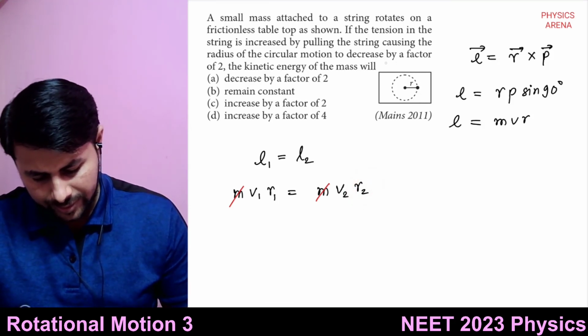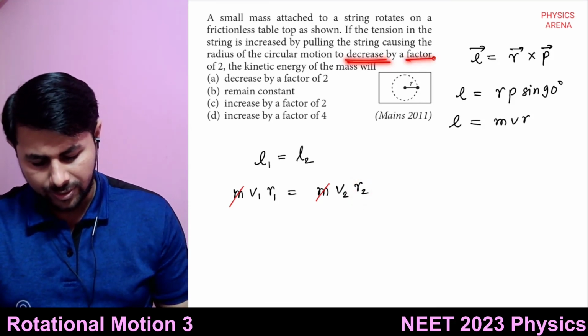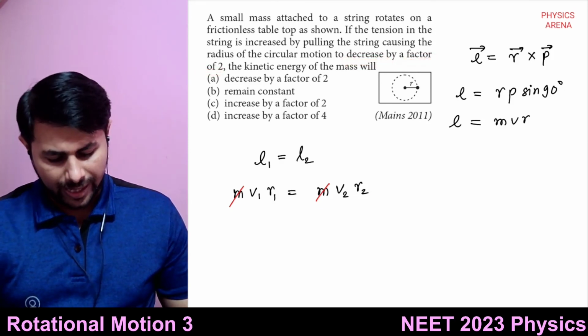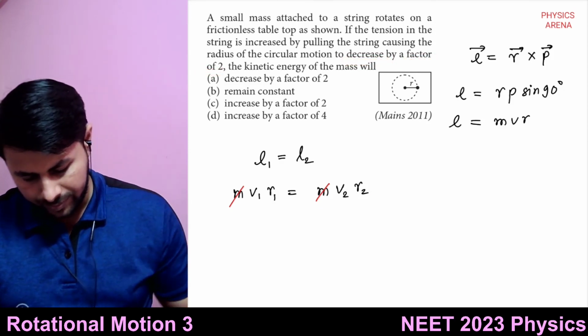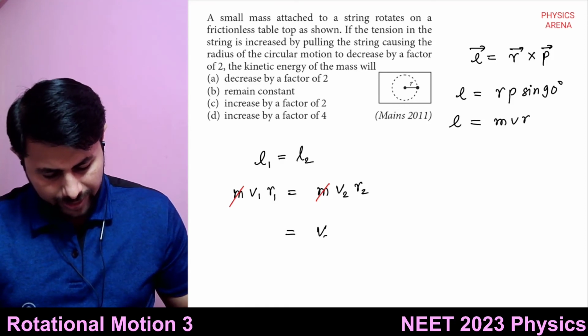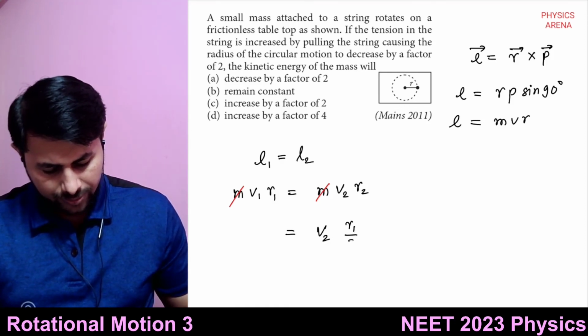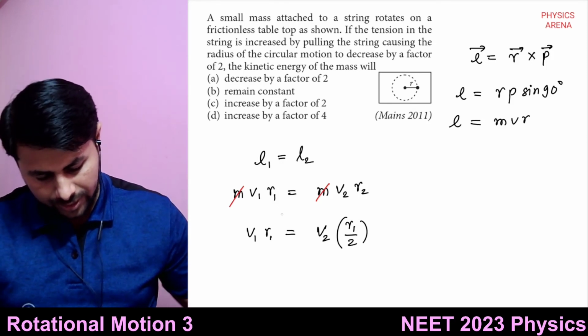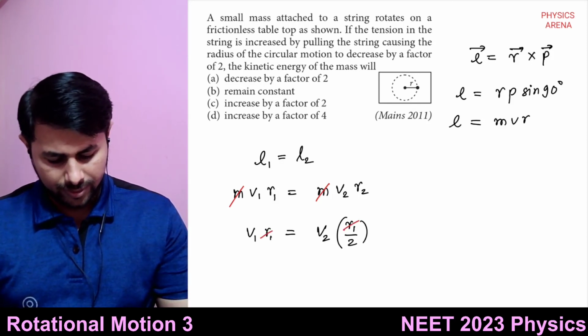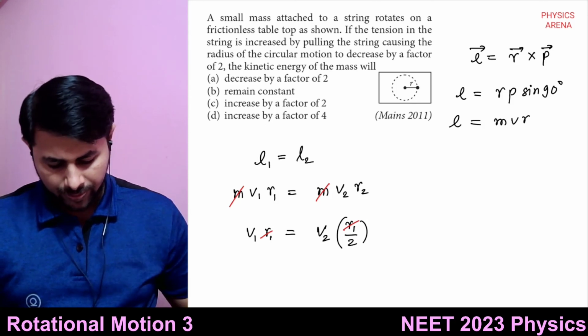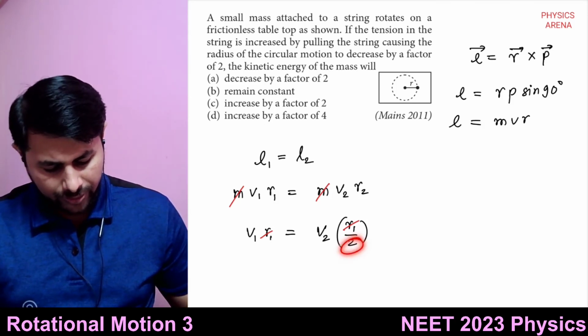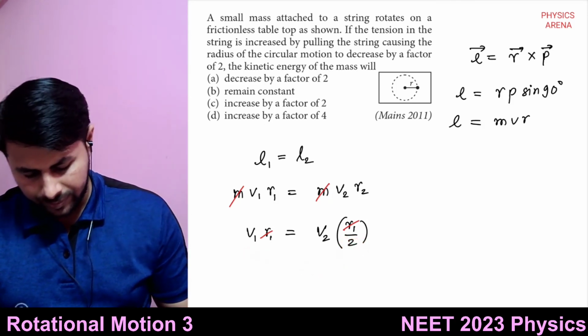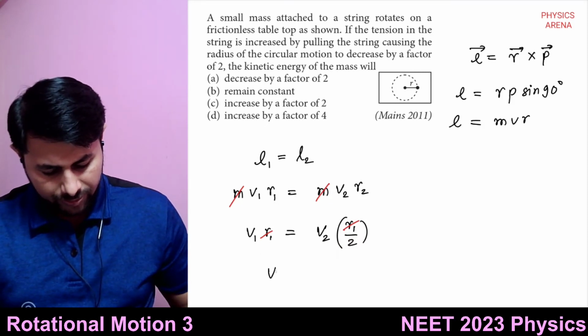The radius is decreasing by a factor of 2. That means it will be r1 divided by 2, r1 upon 2, right? This thing gets cancelled. So therefore v2 will be equal to 2 times v1.